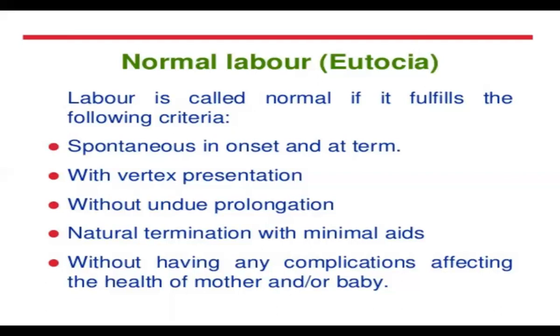Then natural termination with minimal aids: if the normal labor stages are completed without external aids, such as forceps, and without any complications affecting the health of the mother and or baby, that is, after delivery there should not be any problem to the mother or the fetus or both, then it is called normal labor or eutocia.